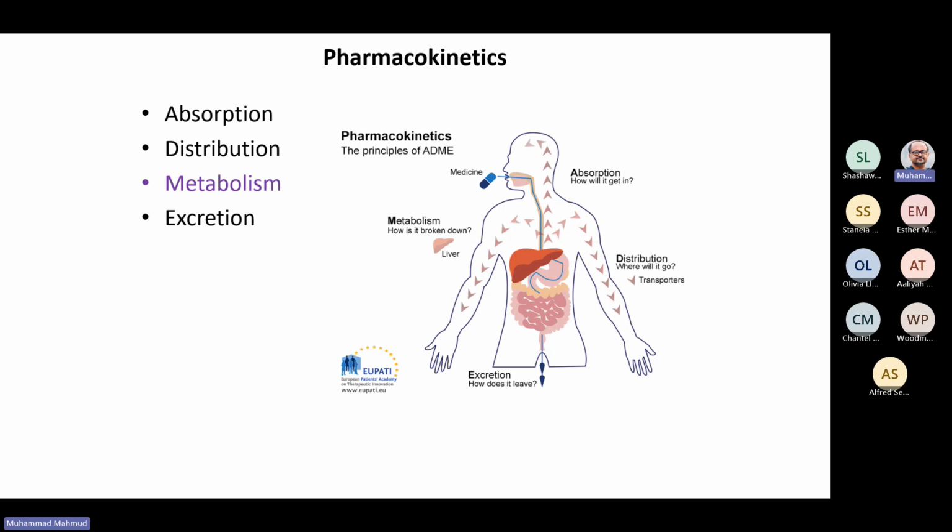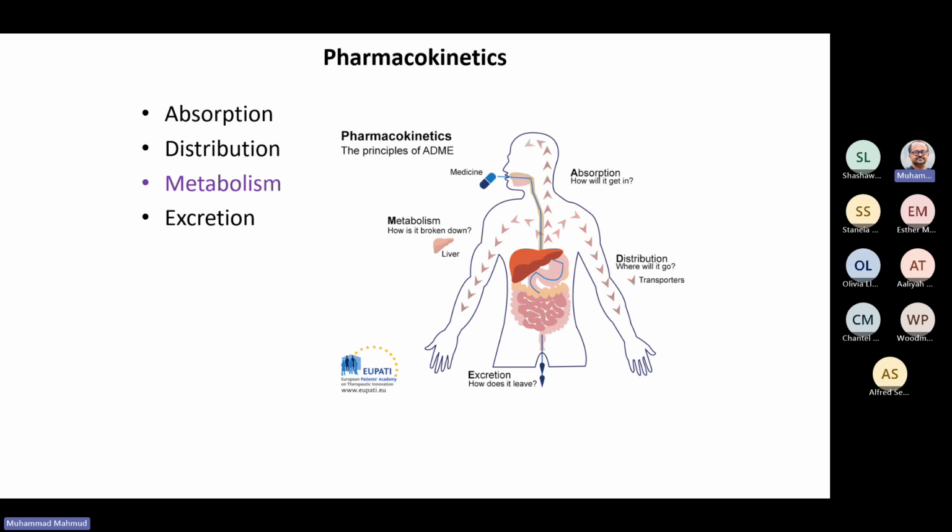In elderly people, they have their metabolism rate very low. So this is the reason why we have to provide them less medications, because their metabolism is less. Another thing is the half-life, T half.